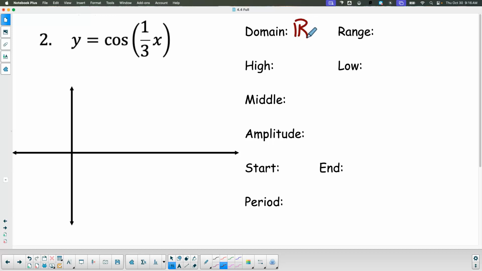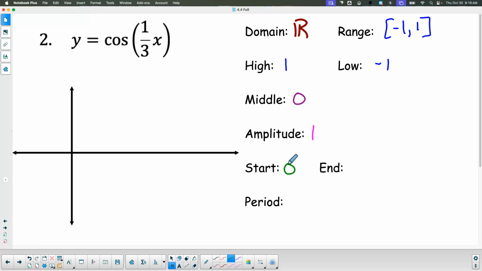Give me another known. Amplitude is 1. Another known. My high is 1. Low is? Middle is? One more last known, because it's not Tuesday. Starts at 0. Okay.